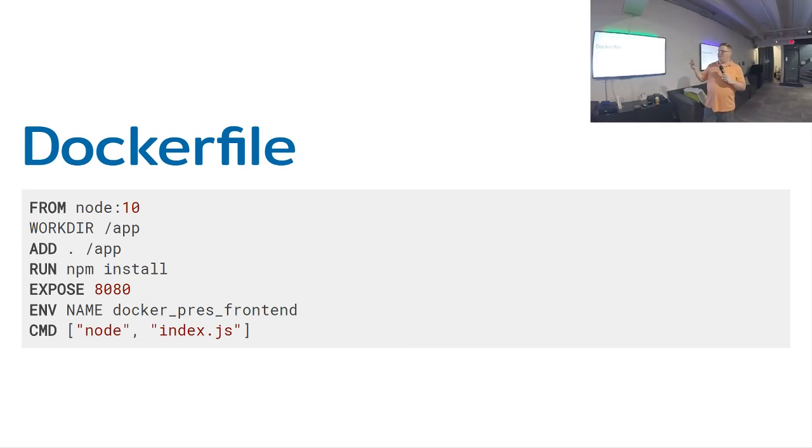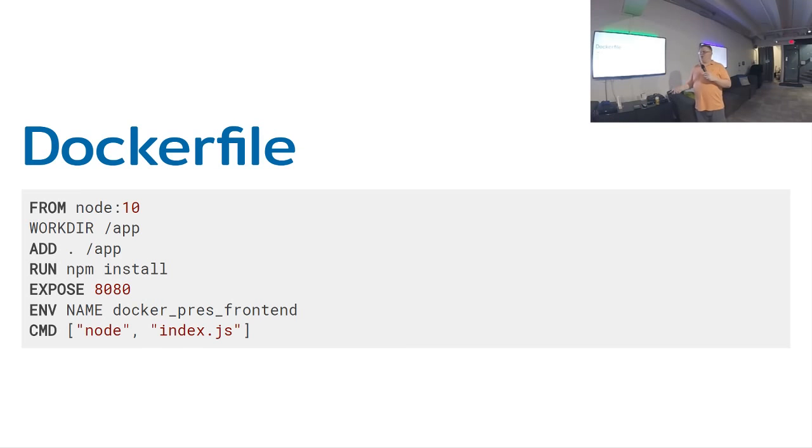We're going to say the working directory is /app. When Docker runs all these instructions down this list, it's going to run most of the latter instructions inside of that app directory. Then we take the current directory we're in on the host OS, where we're running these build instructions from, and add all of that to the app directory.